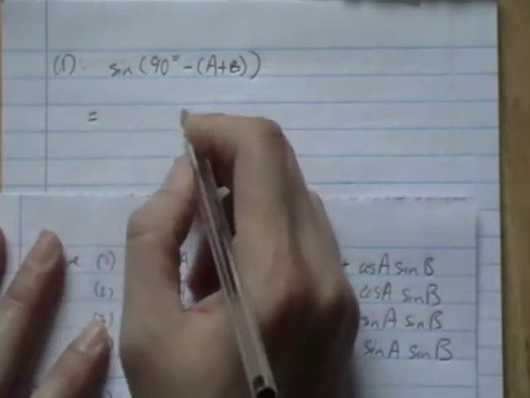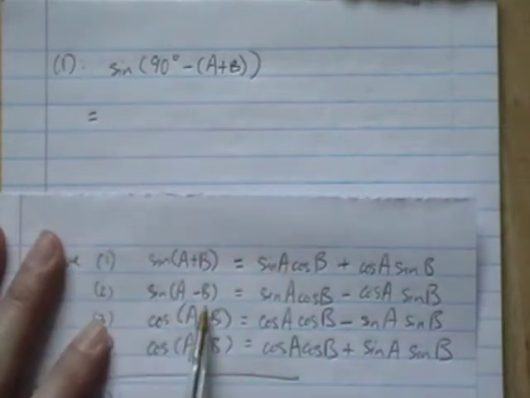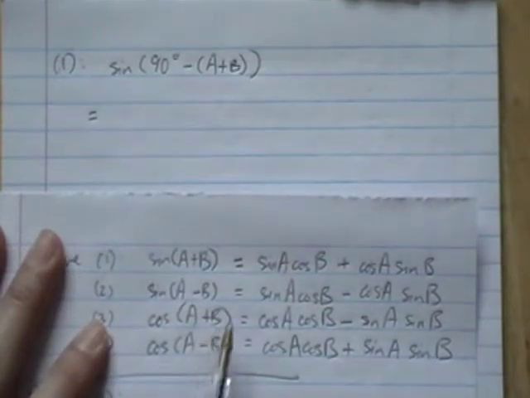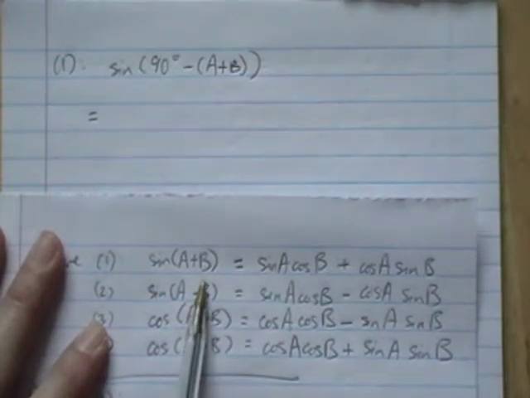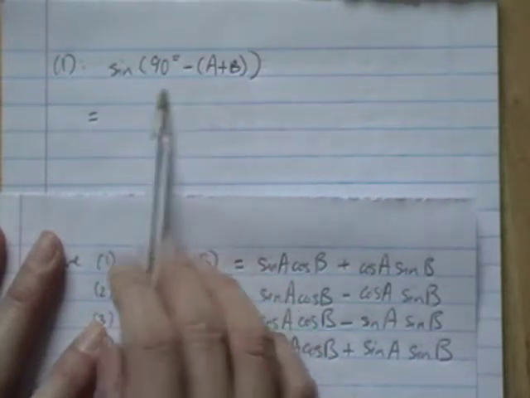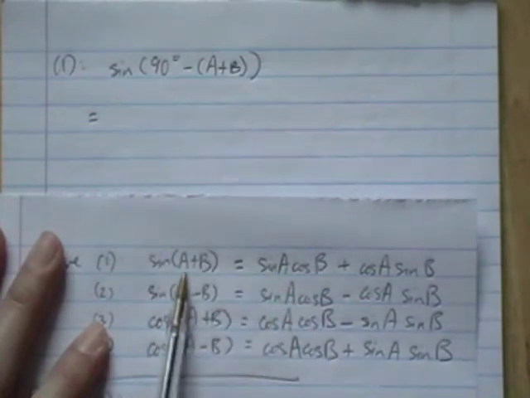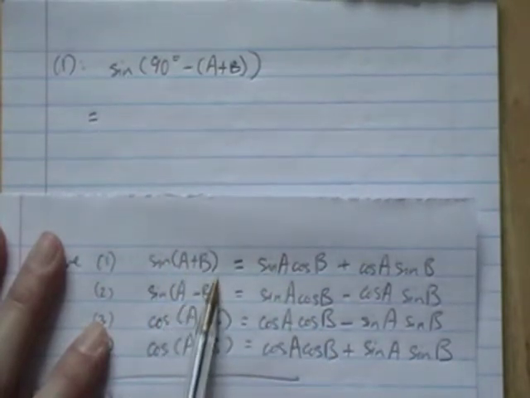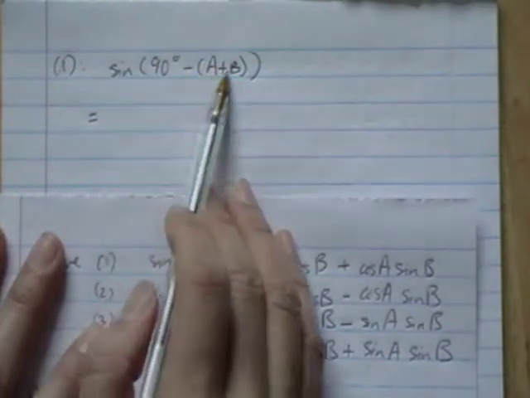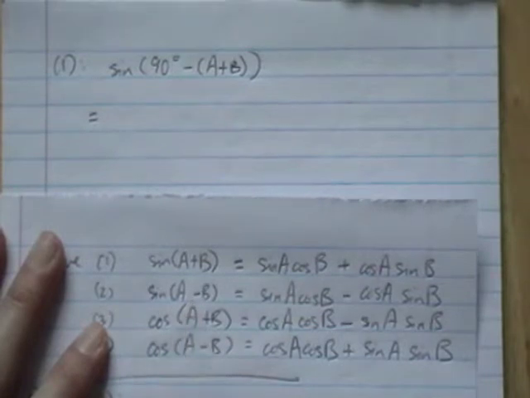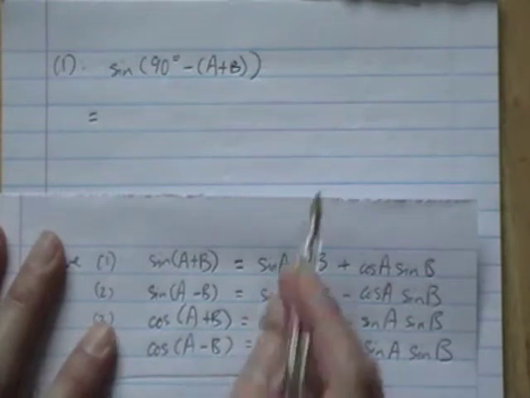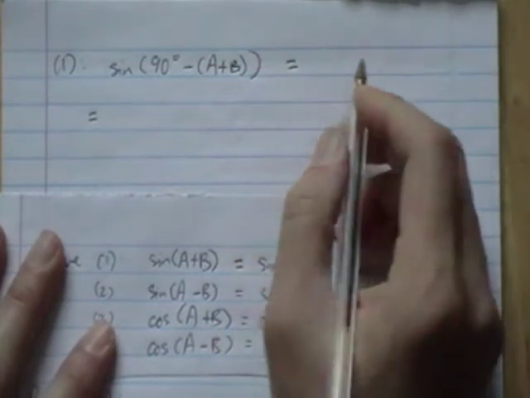Now to make use of this, I need to somehow rearrange this in a form where I have just angle plus angle. Rather than having 3 separate angles, I need to lump them together somehow so that I can make use of those. Let's see.